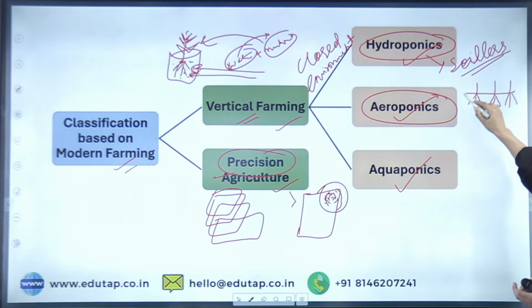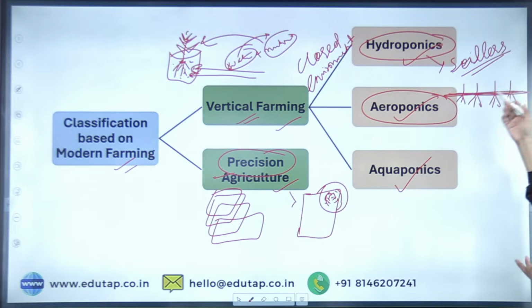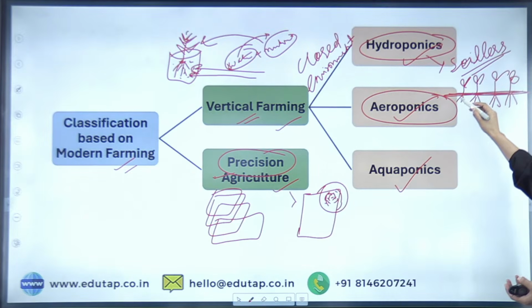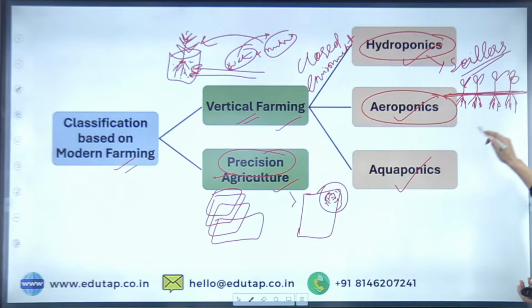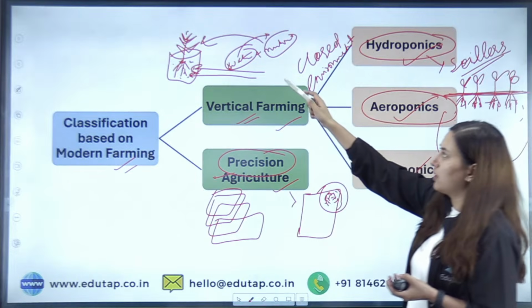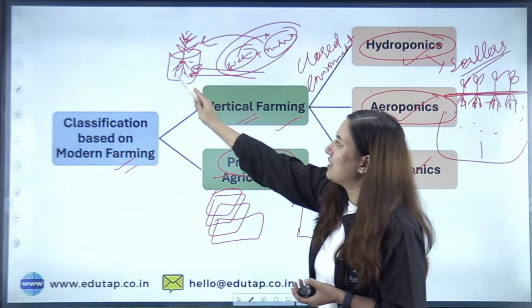Basically this is a base where you have grown the plants. The roots of your plants will be freely hanging in the air, and you will have a system where you are spraying this nutrient-rich water, which is directly supplied to the root.